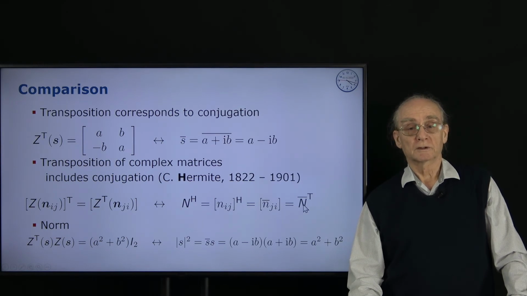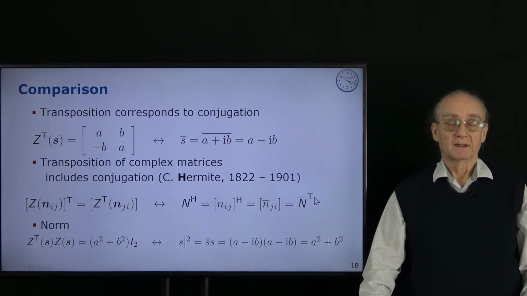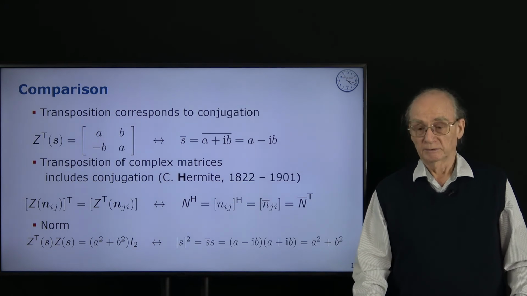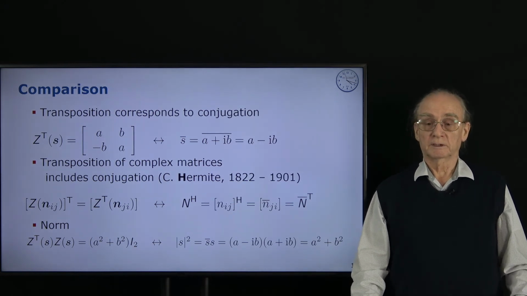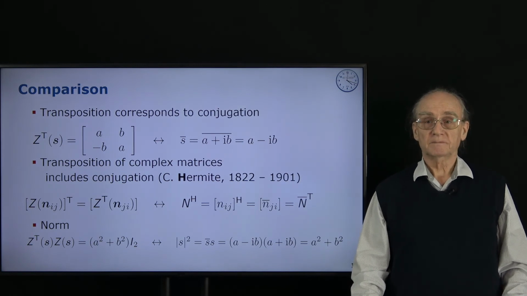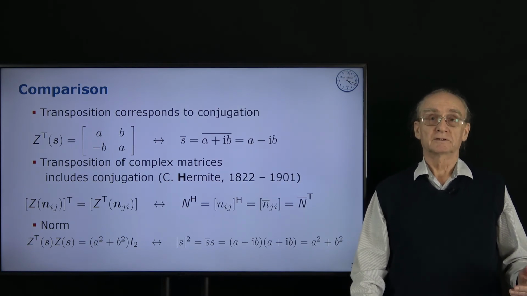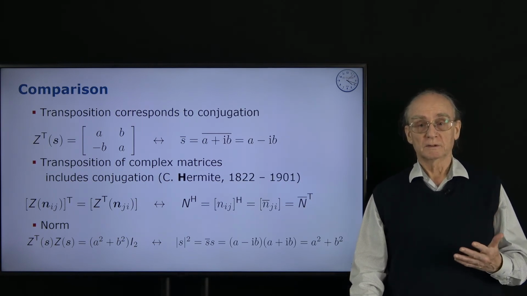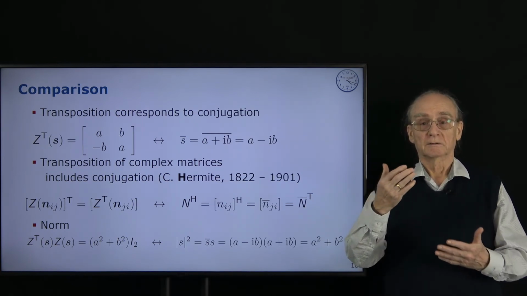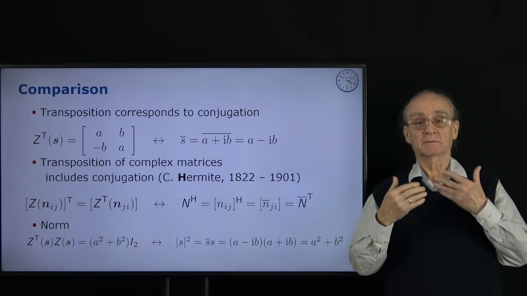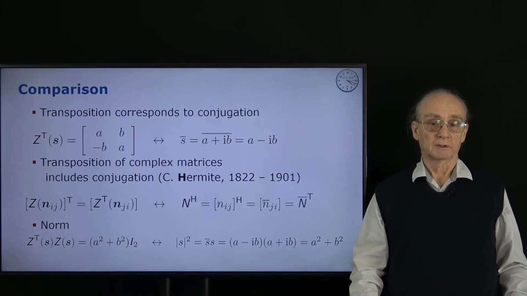So you could also say we first take the conjugate and then we take the transposed. If you try this out in Matlab and write down a matrix, let's say 2 by 2 with 4 complex numbers, A, and then transpose it, you will realize that the transposed not only does the exchange of the indices, but also performs the conjugation of the individual entries.